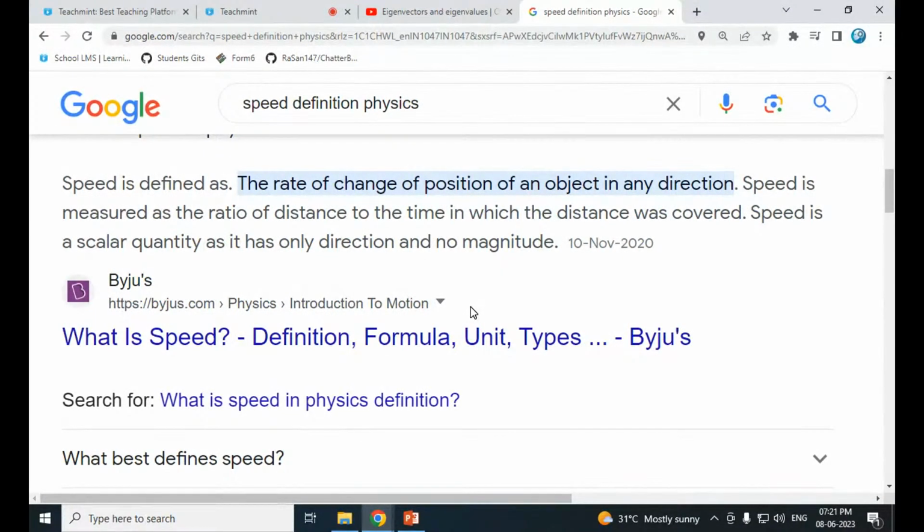A 2 rows, 1 column matrix represents 1 vector, in any of the coordinates. So that we need to understand.